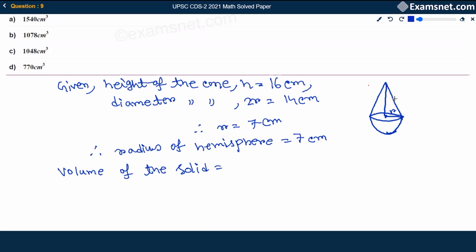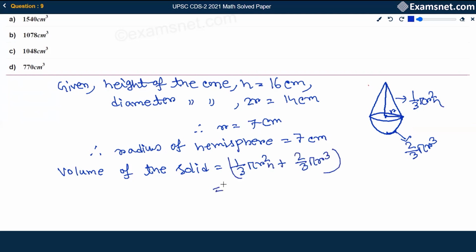What is the formula for finding volume of a cone? That is 1/3 pi r square h. And the formula for finding volume of a hemisphere is 2/3 pi r cube. These are the formulas we are going to use. So the volume of the solid will be 1/3 pi r square h plus 2/3 pi r cube.